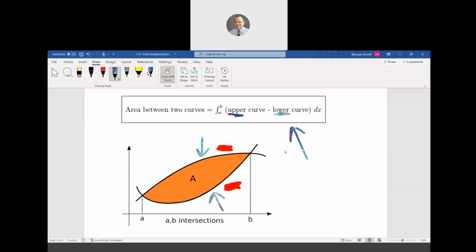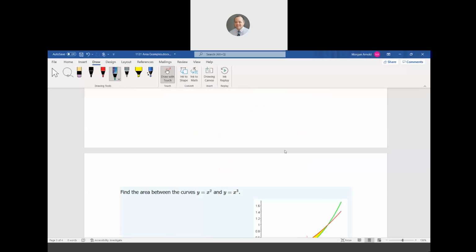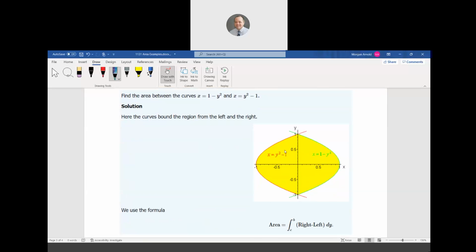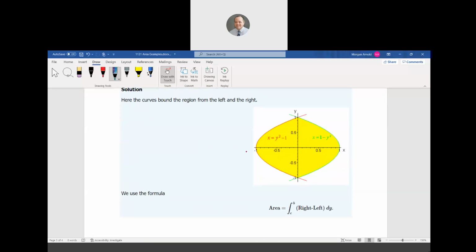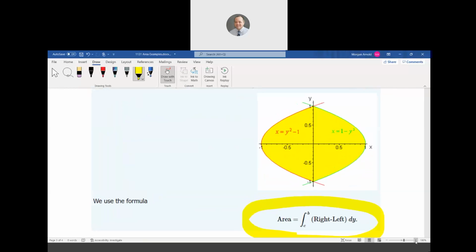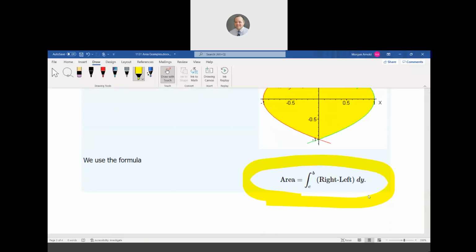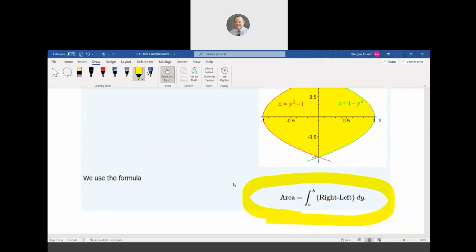Now, if your functions are given in terms of y, then you would use this specific formula right here. And let me actually enlarge that for everybody. Again, if your functions are given in terms of y, then you need to use this specific formula right here.